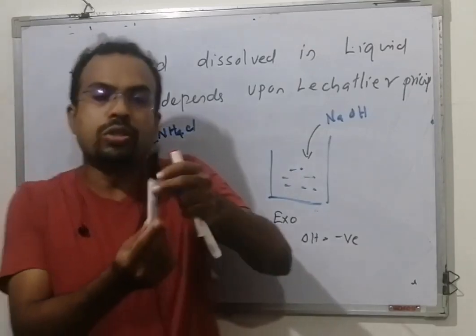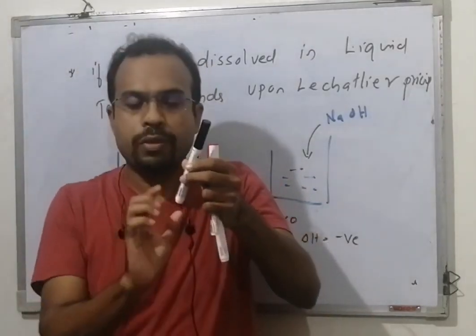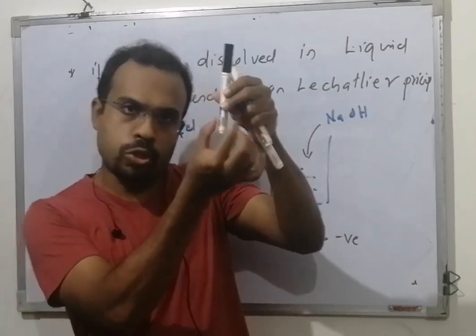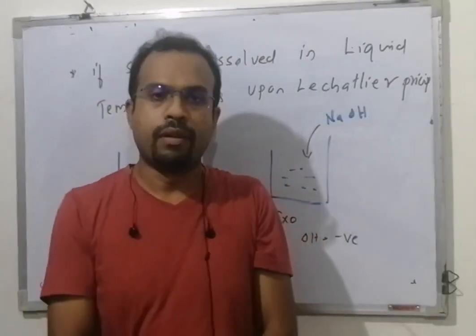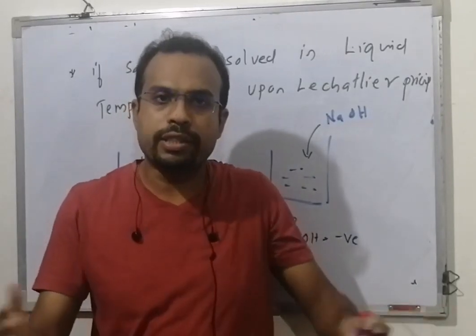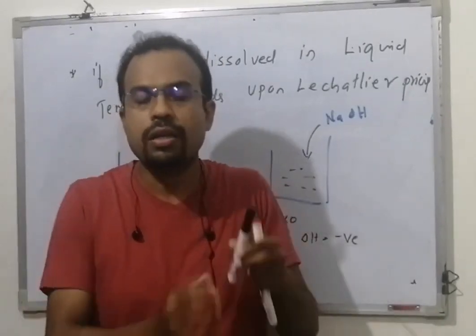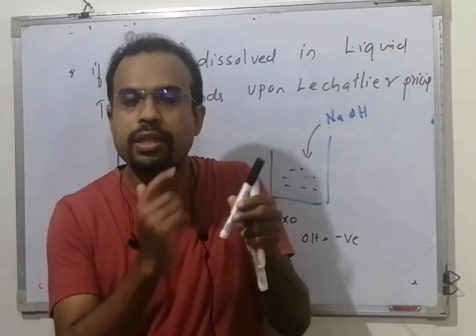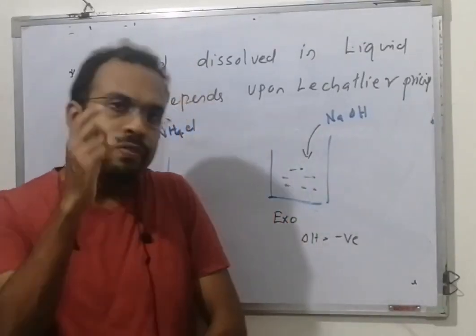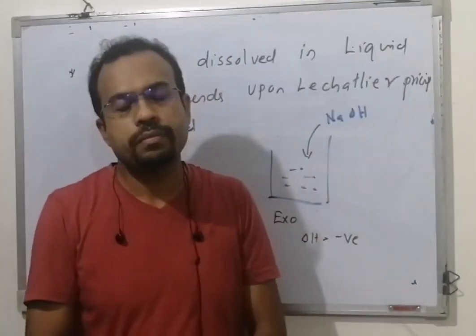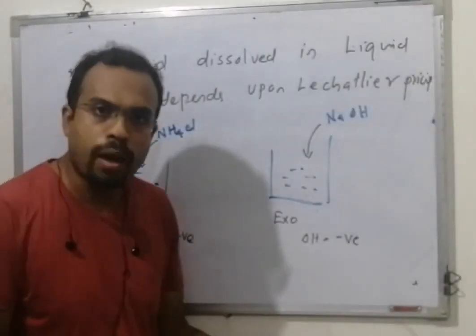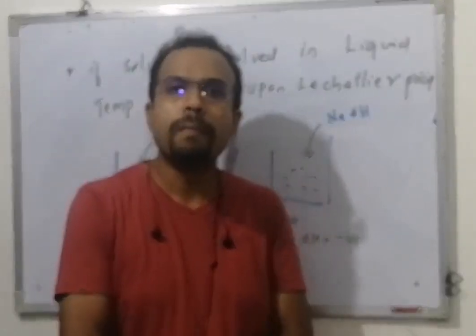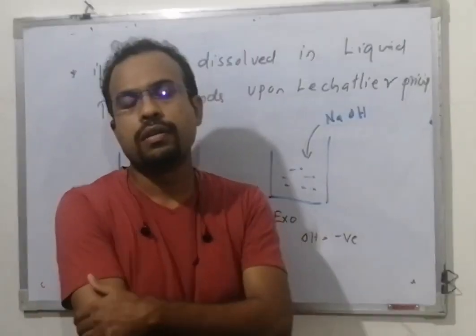That is why when you dissolve the ammonium chloride in test tube, you touch the side of test tube, you will feel cooling. Because that has absorbed heat from the surrounding. Therefore, surrounding outside the test tube will be sensed cool. But if you dissolve sodium hydroxide, reverse happens. You will feel heat. Test tube will be hot.